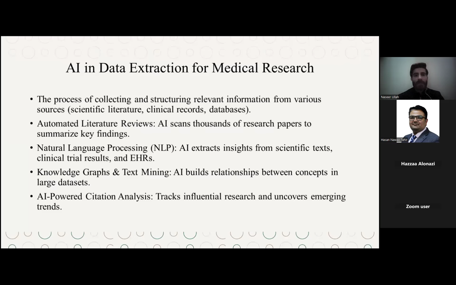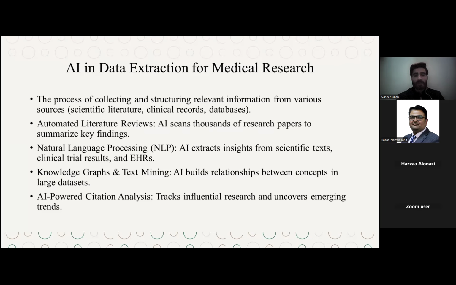Now, artificial intelligence in data extraction for medical research. The process of collecting and structuring relevant information from various sources, like scientific literature, clinical record databases, is called data extraction. Automated literature reviews: artificial intelligence scans thousands of research papers to summarize key findings.